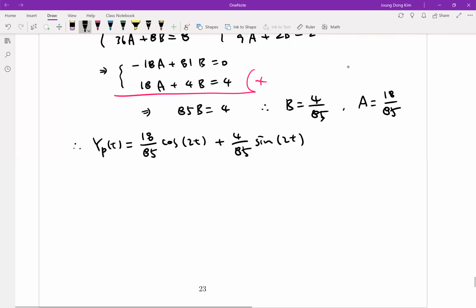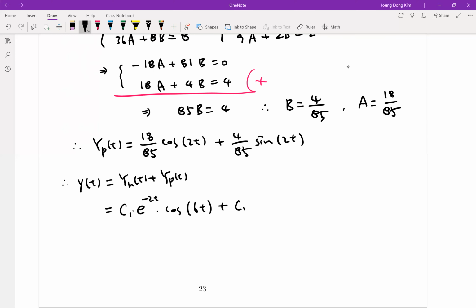So now I can write the general solution, y(t), which must be yh(t) plus yp(t), equal to c1 e to the minus 2t times cosine 6t plus c2 e to the minus 2t times sine 6t, and the particular solution part, which is plus 18 over 85 cosine 2t plus 4 over 85 sine 2t. This is the general solution.